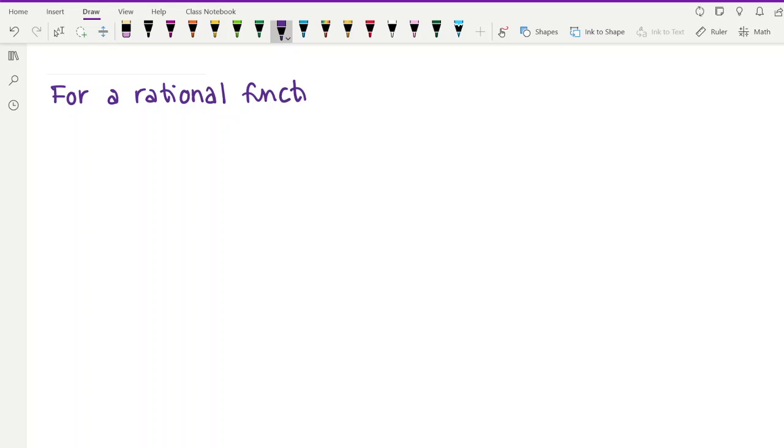So for a rational function, f of x is equal to p of x over q of x. Remember in the first video when we talked about rational functions, I defined them as a polynomial over a polynomial. And so I'm going to be using p of x and q of x to refer to the numerator and denominator, mostly just so I don't have to write numerator and denominator, because those are longer to write than p of x and q of x, right?